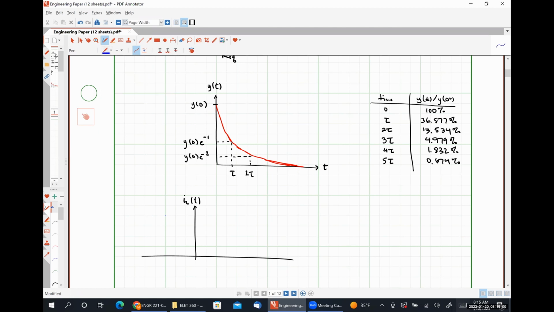So we know that prior to our switch changing state, we are at DC steady state. Let me write this better. And then a long time after our switch closes, we are also at DC steady state.